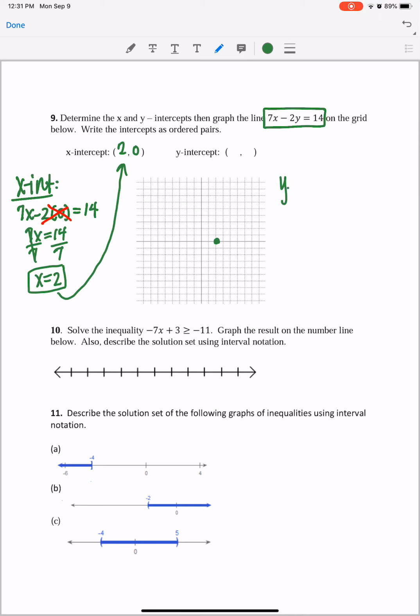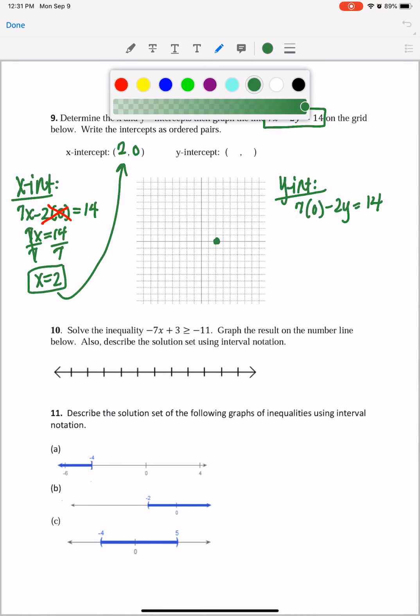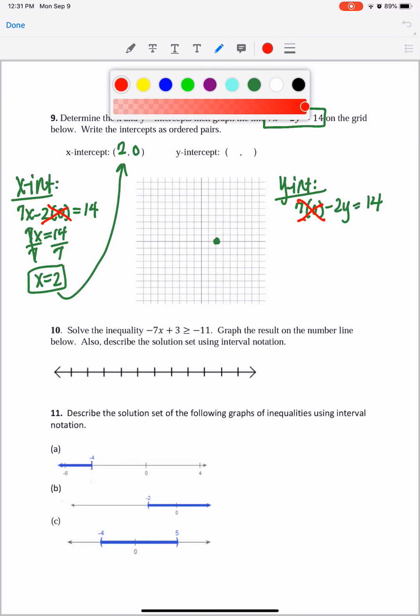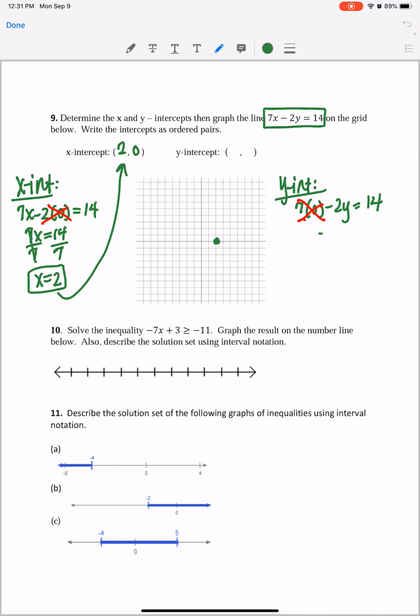Do the same thing for your y, but now opposite. Again, into this equation, now I'm putting in a 0 for x. So we've got 7 times 0 minus 2y equals 14. Again, 0 times anything is 0, so that goes away. So I'm left with negative 2y equals 14. Divide both sides by negative 2.